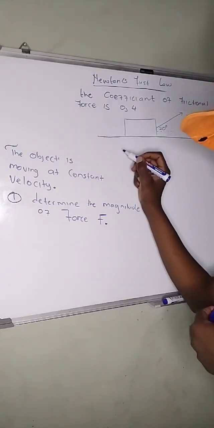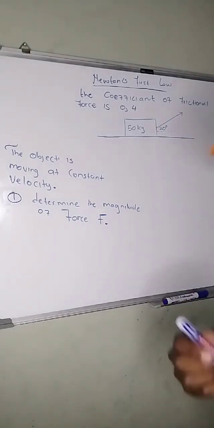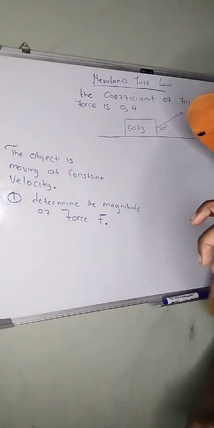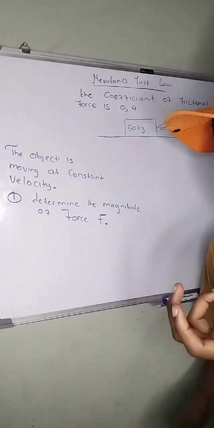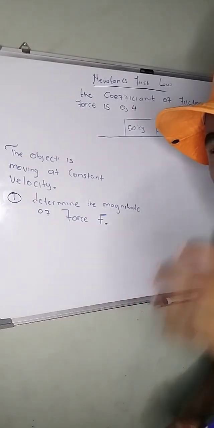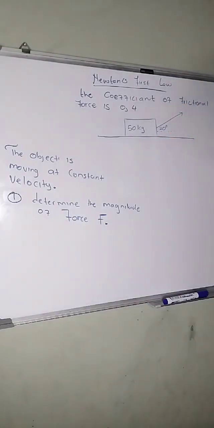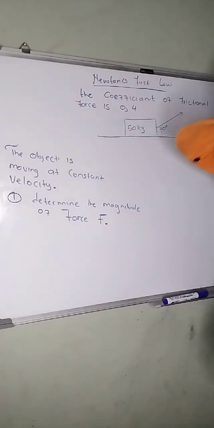We are having a surface. Since we are having a surface, it means we have friction, right? You get what I'm trying to say? So let's draw a free body diagram.